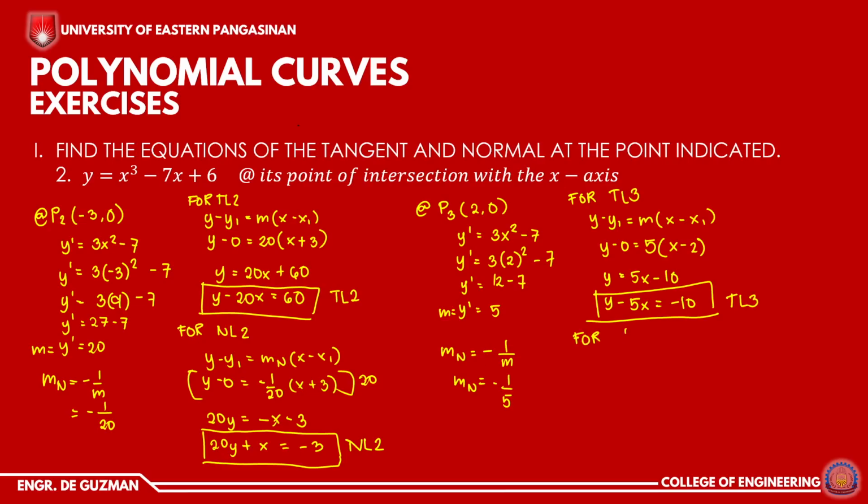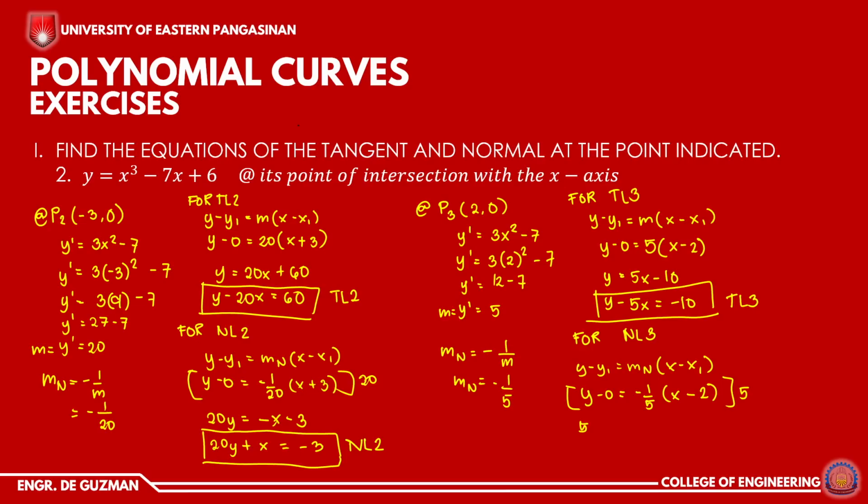For normal line 3, meron tayong y minus y sub 1 is equals to mn times x minus x sub 1. So, y minus 0 is equals to negative 1/5 times x minus 2. So, pwede tayong mag-multiply agad ng 5.